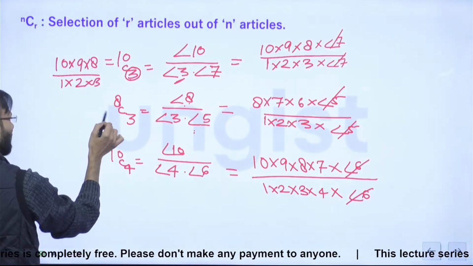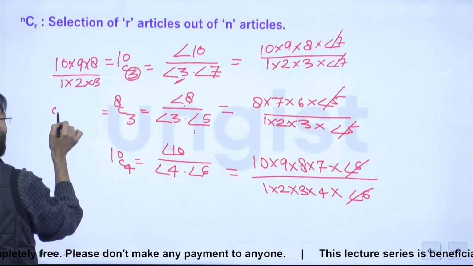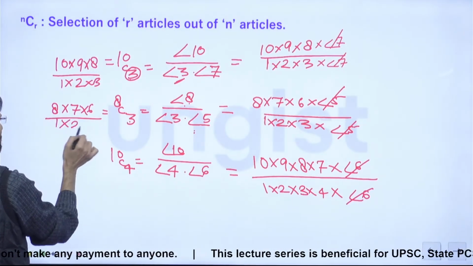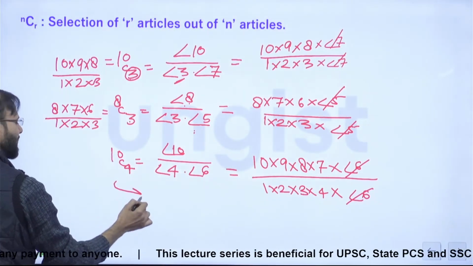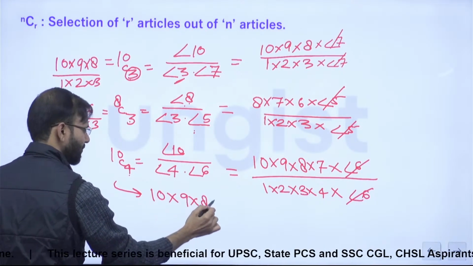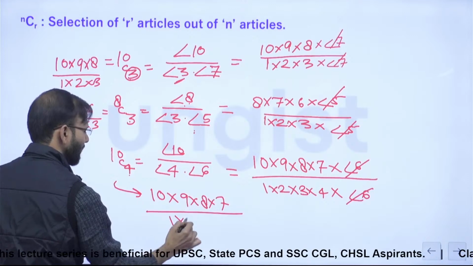Everyone fine? Now this is 8C3, so 8 will be decreased 3 times: 8, 7, 6 divided by 3 factorial. Correct? Now this is 10C4, so 10 will be decreased 4 times: 10, 9, 8, 7 divided by 4 factorial. Everybody okay?